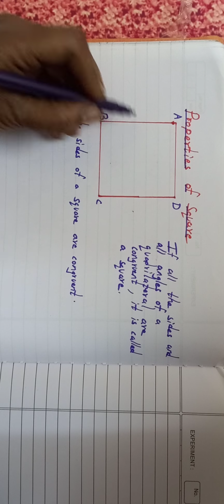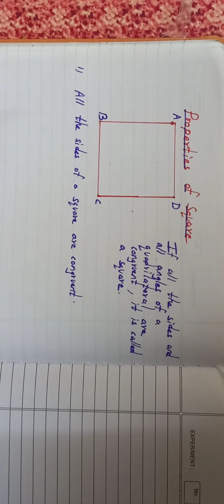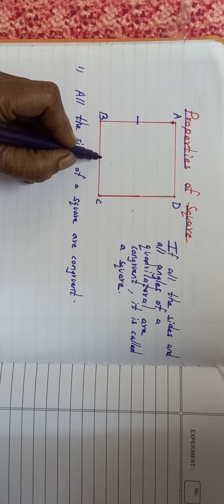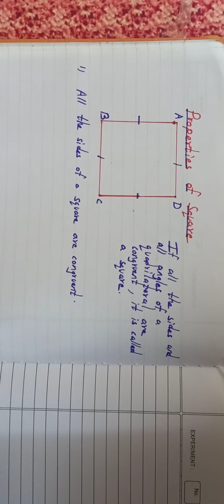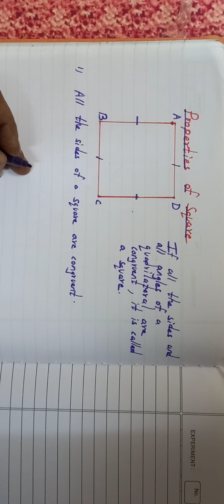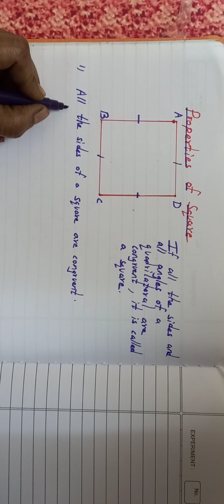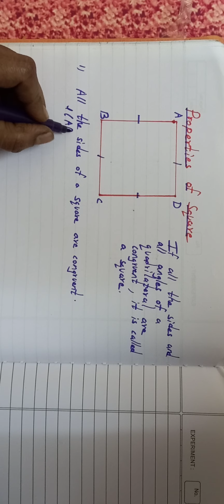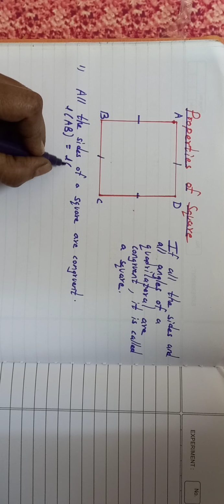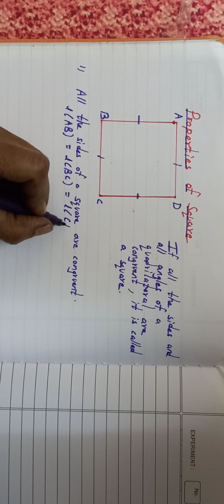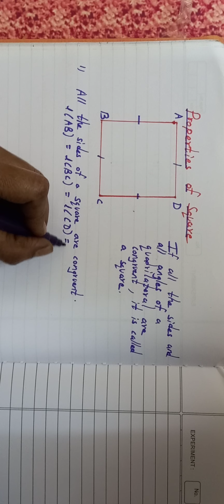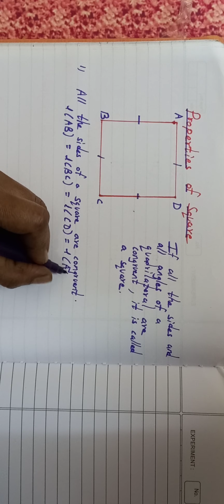That is, length of AB is equal to length of BC, and length of BC is equal to length of CD, length of CD is equal to length of AD. So we can write like this: length of AB is equal to length of BC is equal to length of CD is equal to length of AD.